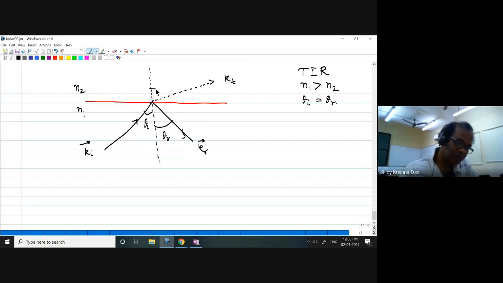Just consider that there is an imaginary theta t and imaginary kt. With this, at least in principle, we know theta I must be greater than theta c, the critical angle.